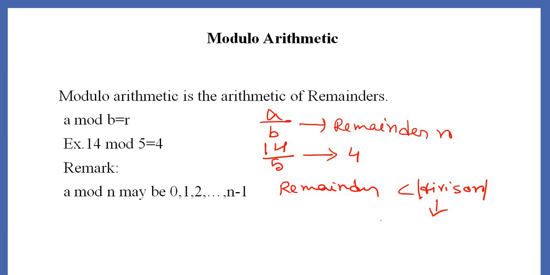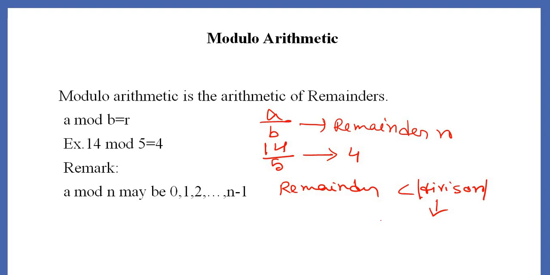That means A mod n may be 0 or 1 or 2 up to n minus 1, but not equal to n or greater than n, because here n is the divisor, so the remainder will always be less than n.